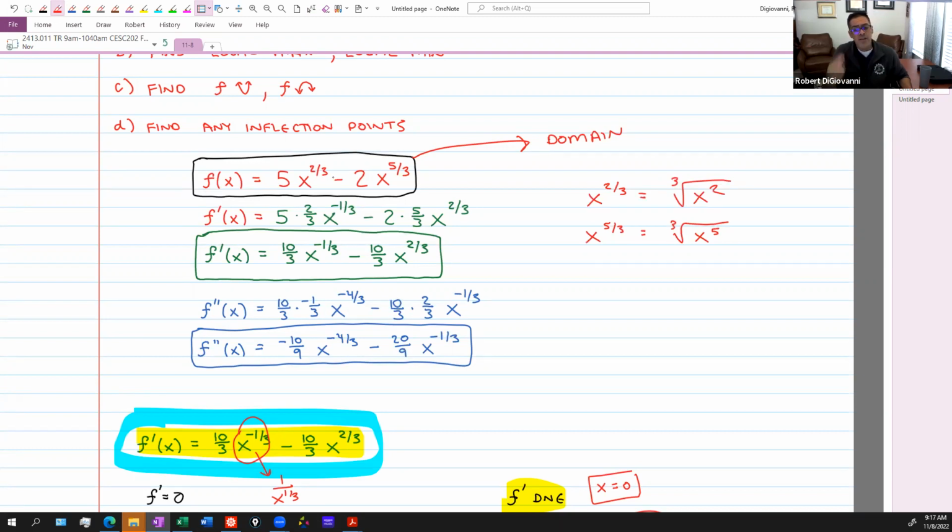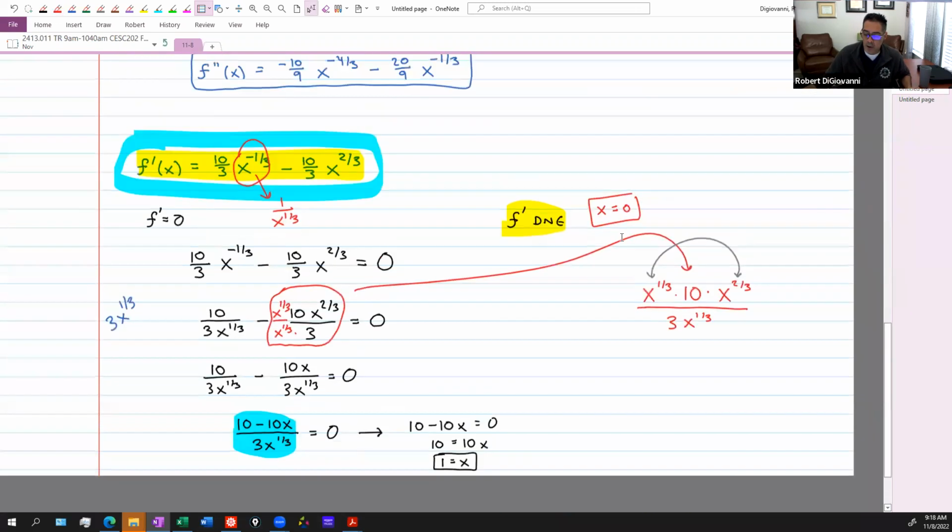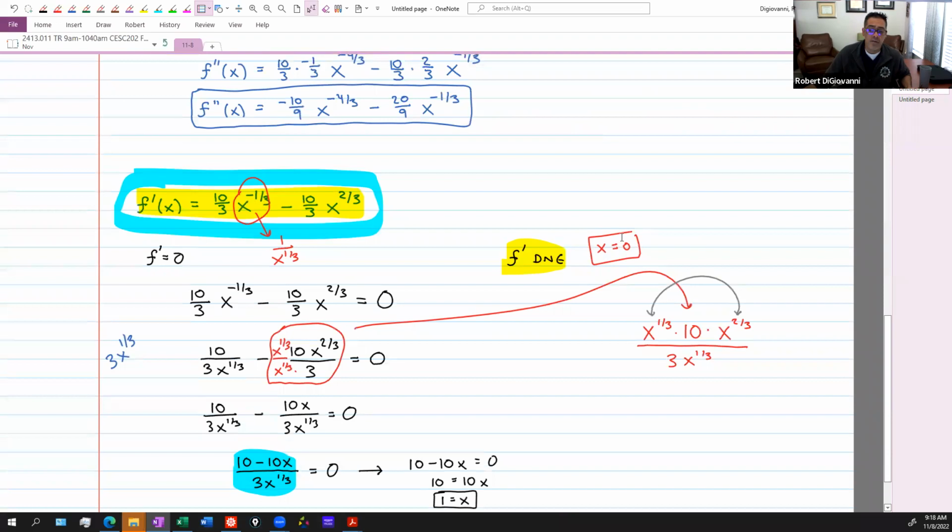We just can't have square roots or even roots. Then that's when we have to worry about negative numbers. So would you all agree that the domain of the original function is all real numbers? Which means that both of those values, 1 and negative 1 that we got, are going to be critical numbers. Any questions there?